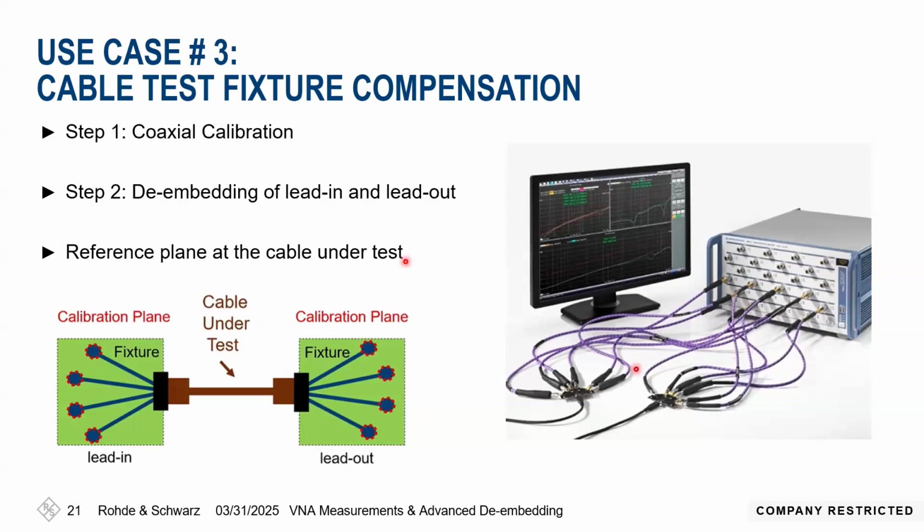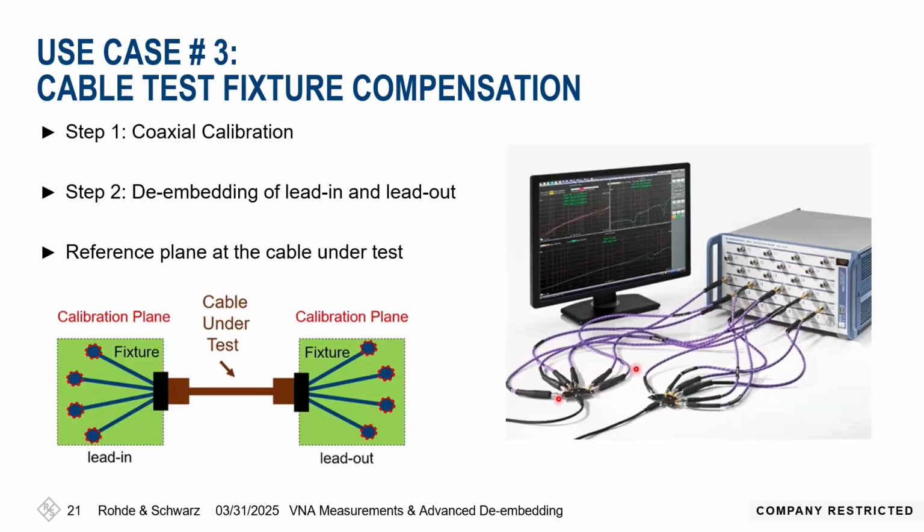our different de-embedding techniques. Over here, you can see we are using our multi-port vector network analyzer, which is handy because we have 8 or 9 ports for this USB Type-C cable testing.